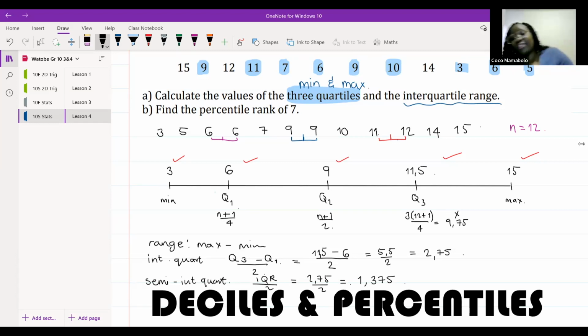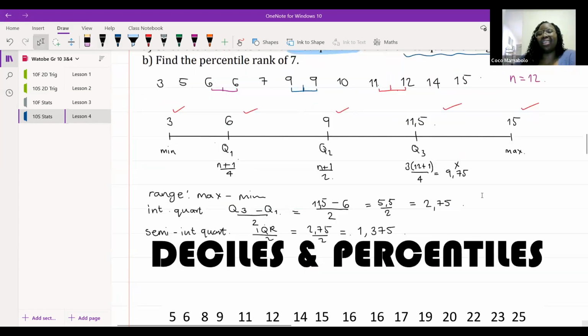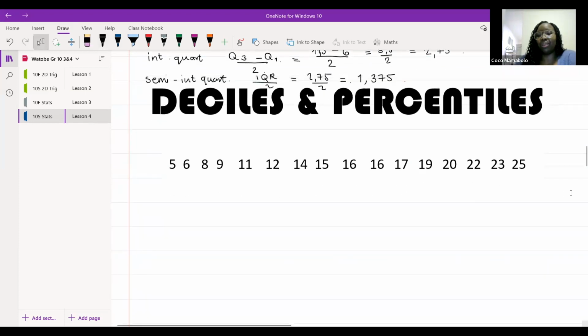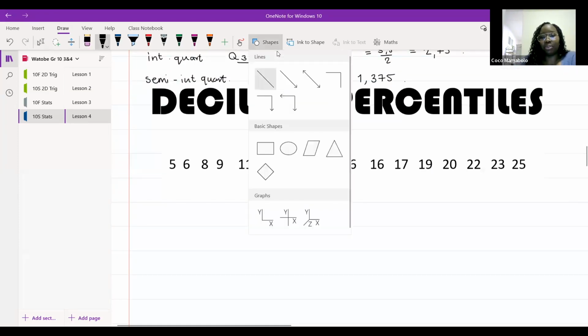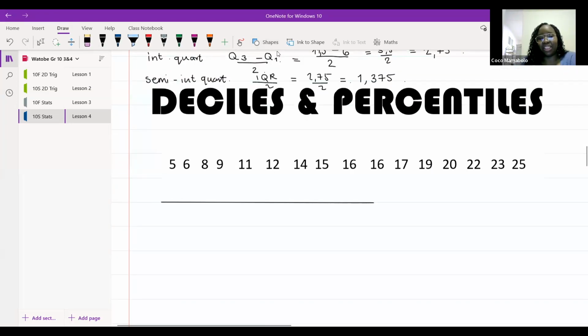Beautiful stuff. All right, let's talk about deciles and percentiles, because now this is going to get a little bit more challenging. All right, so if I have my number line over here, I'm going to have my minimum and my maximum, right?